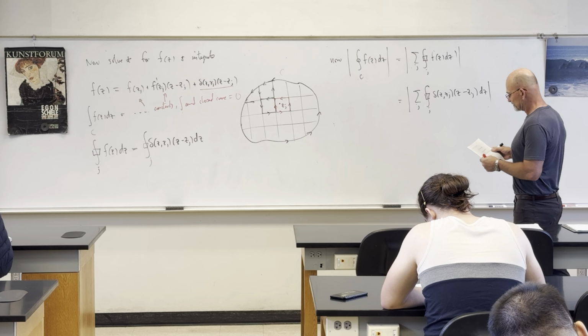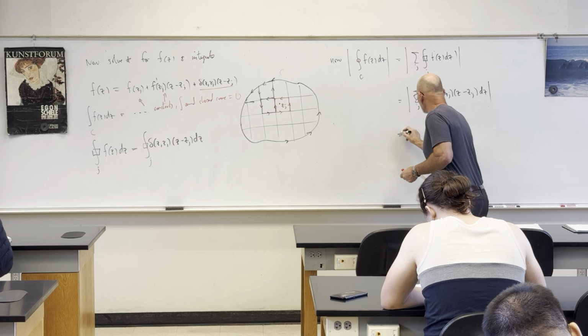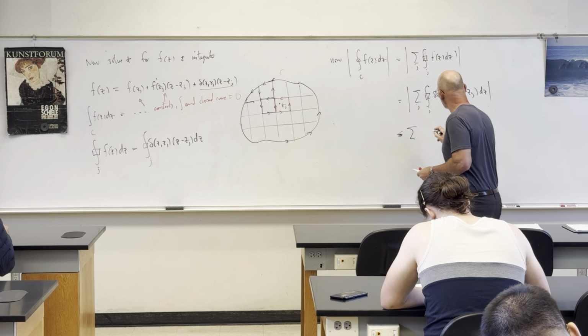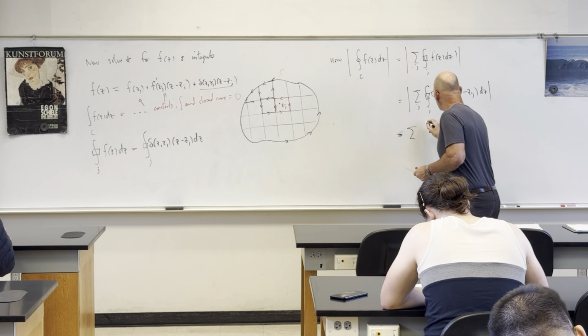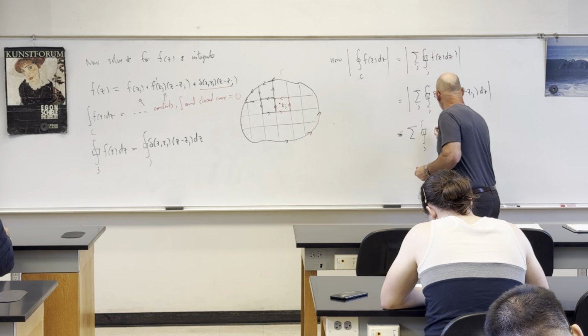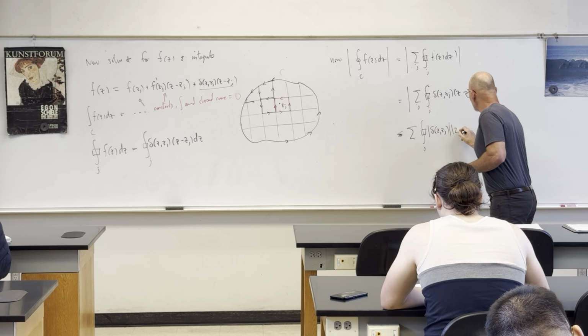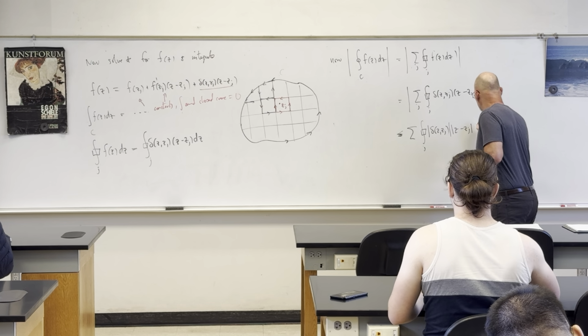And that is less than or equal to the sum over j of the magnitude of delta z at zj times z minus zj.